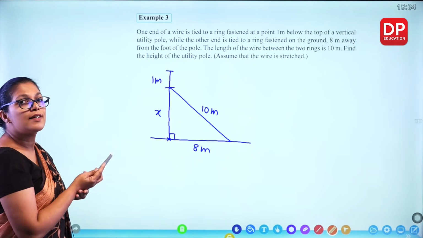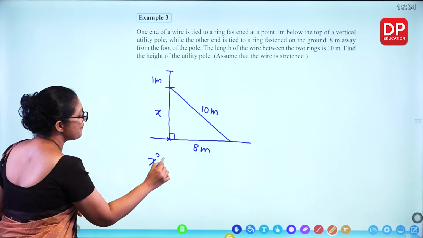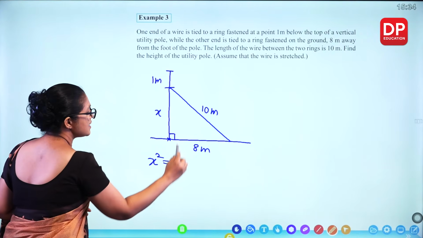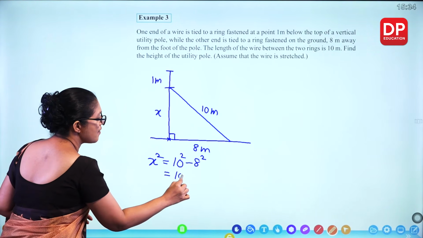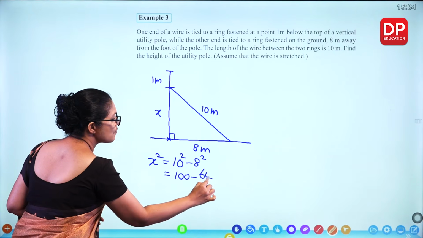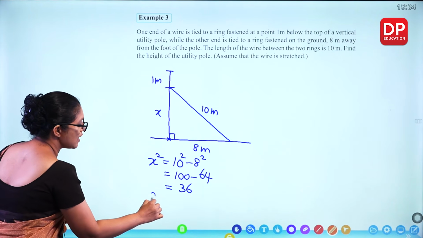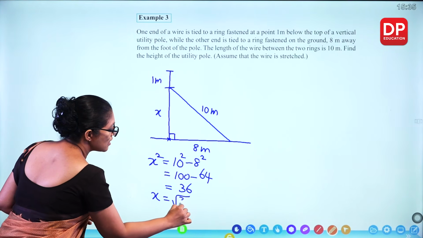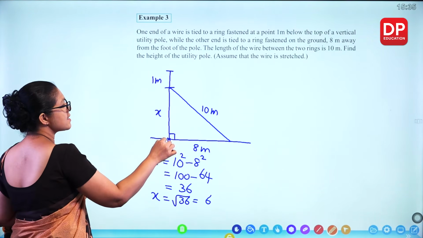You can use Pythagoras theorem. So what is x squared? x squared is 10 squared minus 8 squared. 10 squared is 100. 8 squared is 64. 100 minus 64, you get 36. When you take the square root, that's 6. So this is 6.